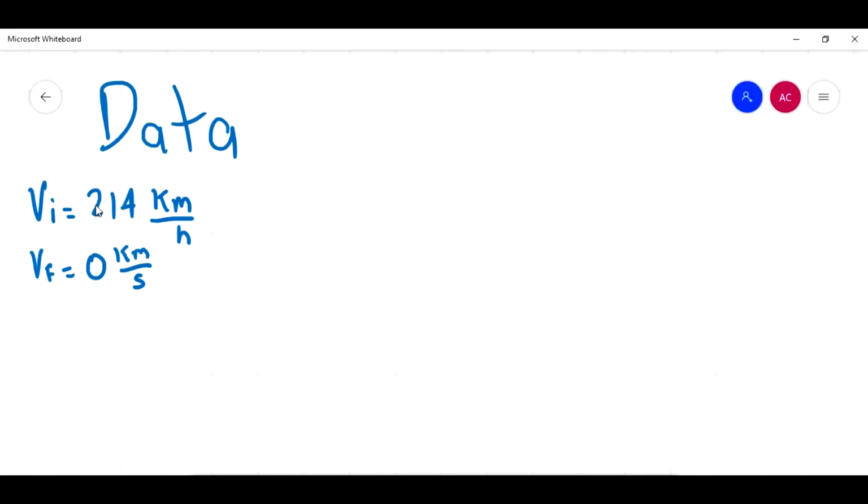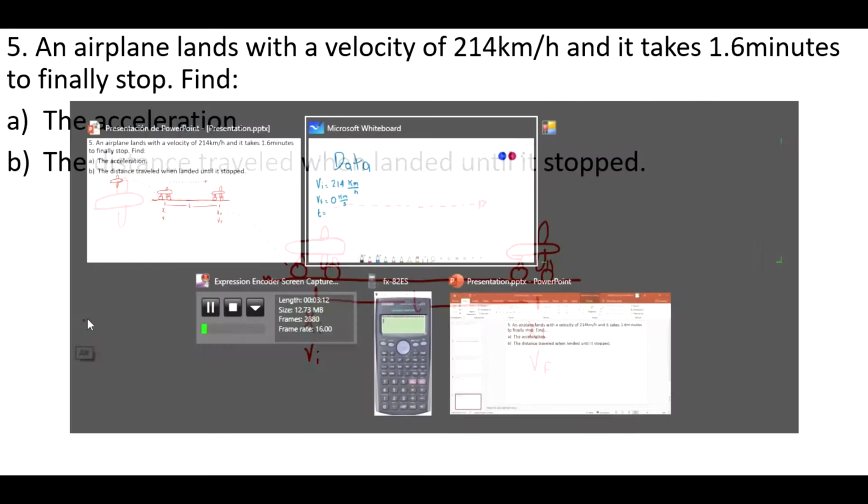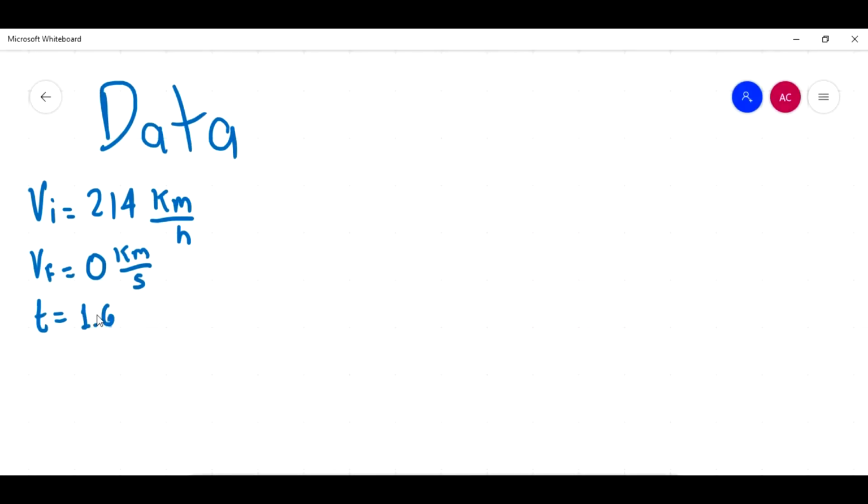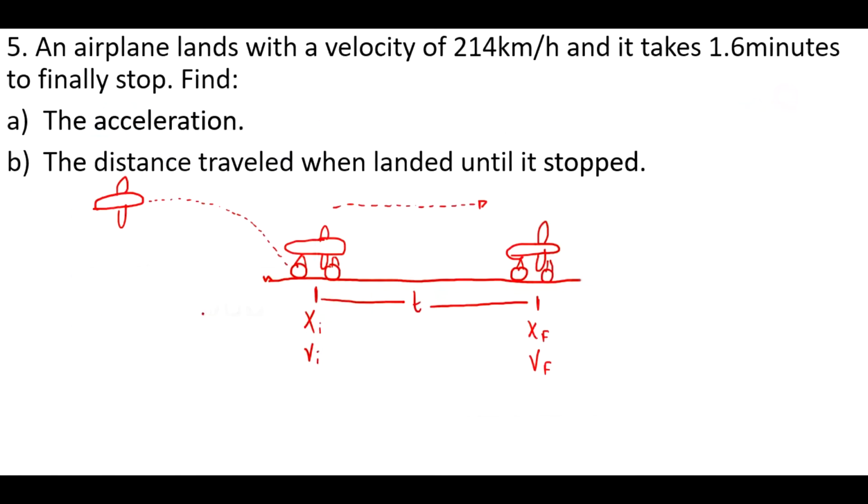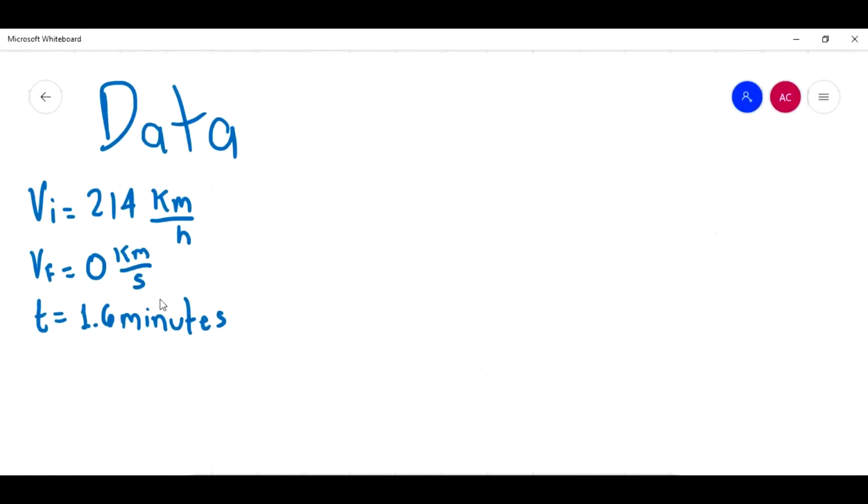Okay, the time is 1.6 minutes. The initial position, I told you that most of the times, the initial position will be 0 meters. The final position, well, I need to find the acceleration and I need to find the final position.